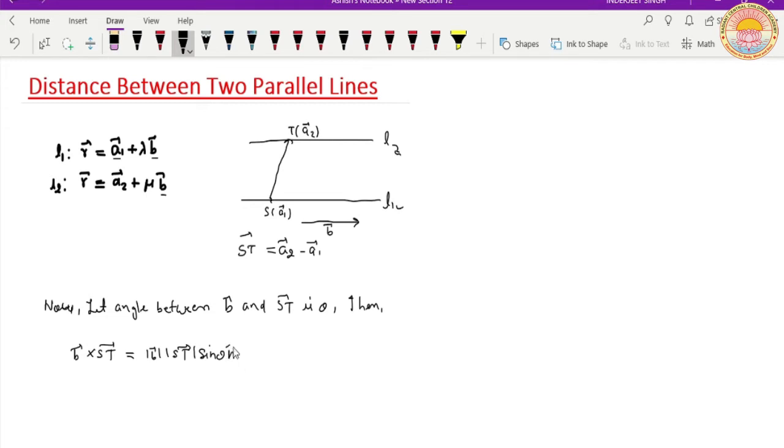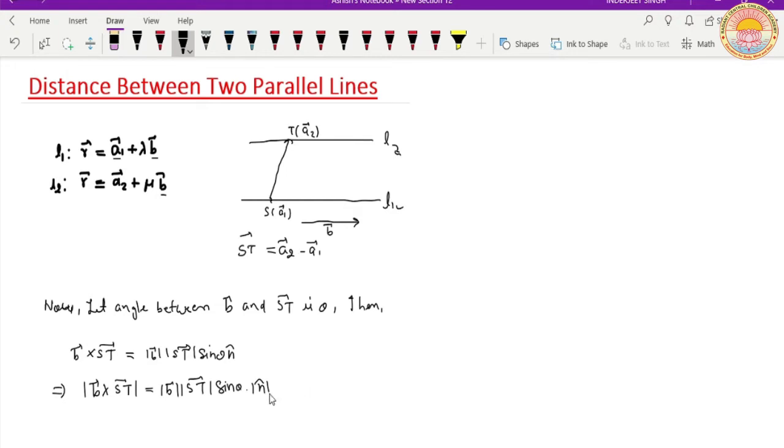n cap. And if we take modulus on both the sides, then we will get magnitude of vector B cross vector ST is equal to magnitude of vector B into magnitude of vector ST sin theta into magnitude of n cap. Clear?